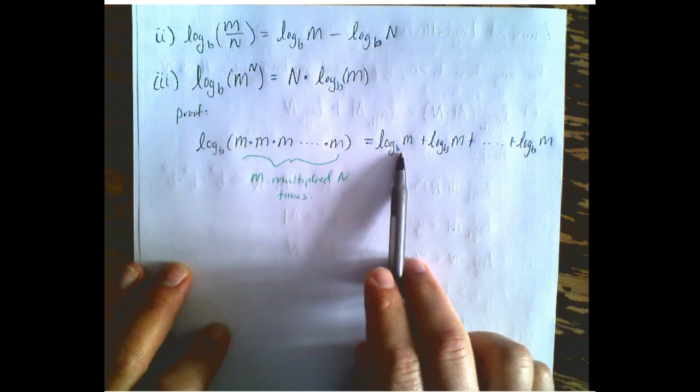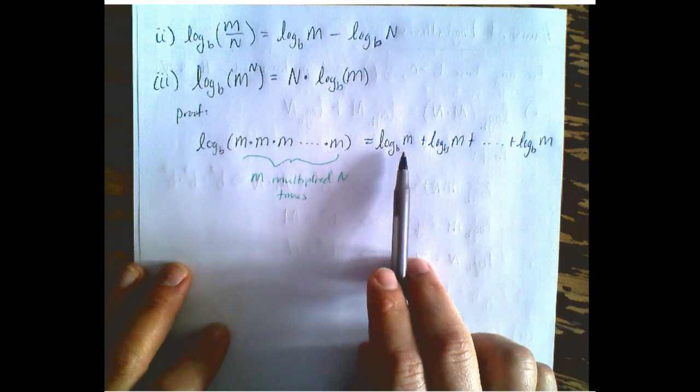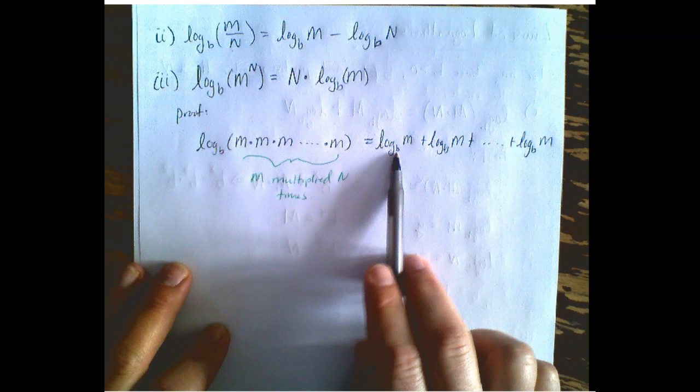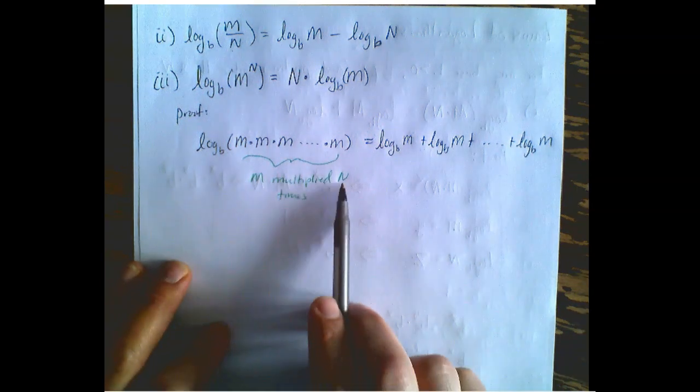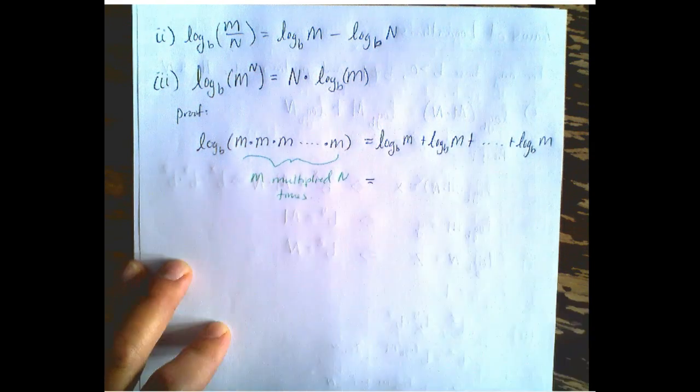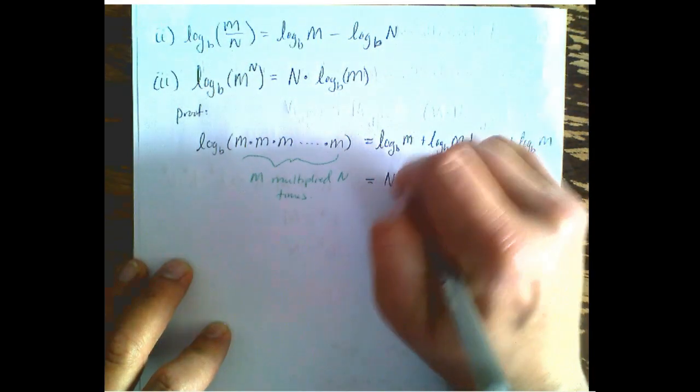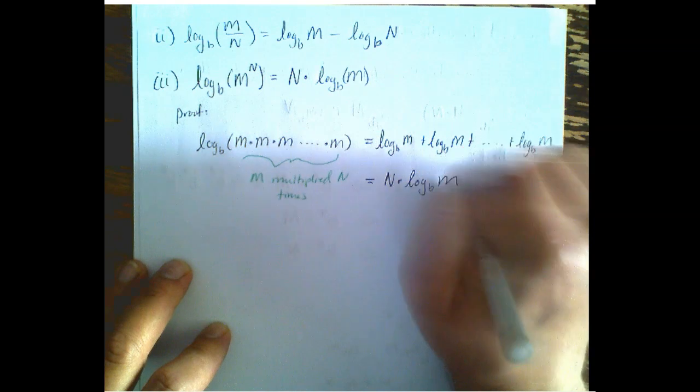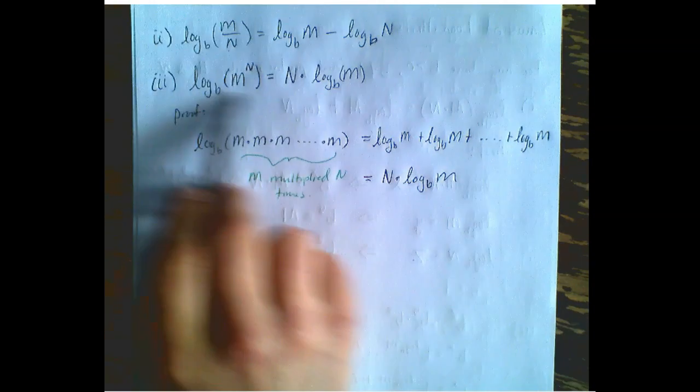So this is the sum of a bunch of log base b of m's, right? How many? Well, n of them. So there are n of these being added together, so we can just multiply the one log base b of m by n. Okay? So that's why this is a true statement.